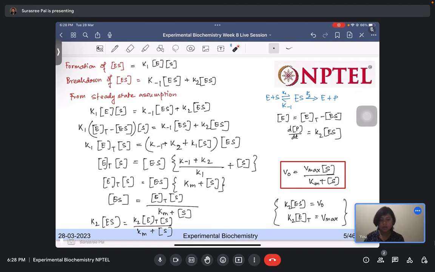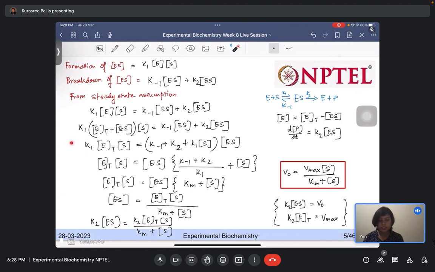remains unchanged. Now we multiply this part and we get K1 into ET into S equal to, and we take this K1 into ES into S to the right hand side, and we get K minus 1 plus K2 plus K1 into S into the enzyme substrate concentration ES.